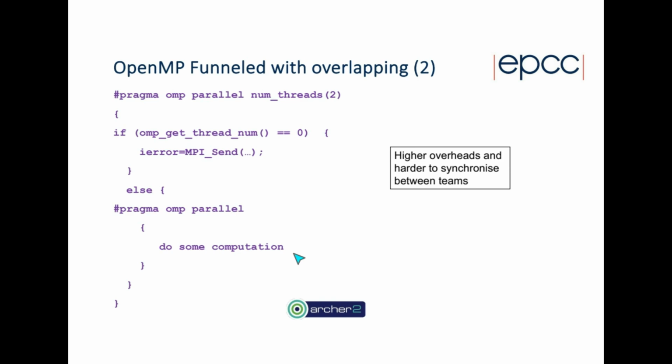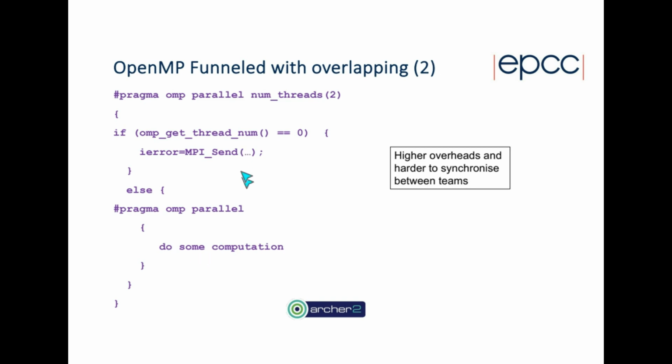From a coding point of view, that might be a nicer way to do it, but it has higher overheads, and also there's no way of easily synchronizing between this code in this branch here and the code that's inside the parallel region in the else branch.